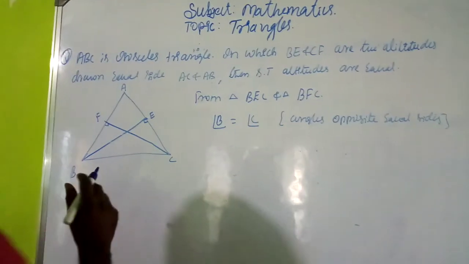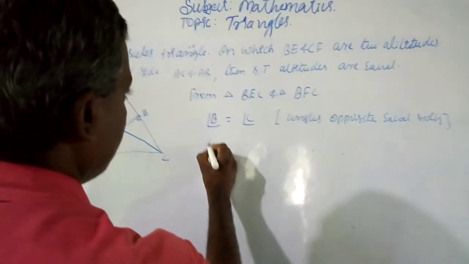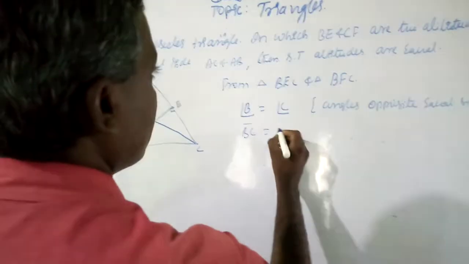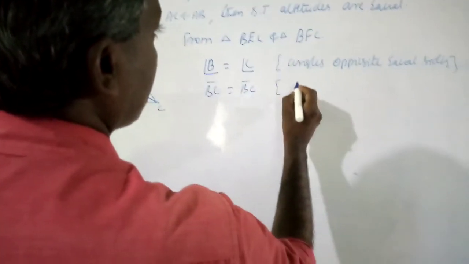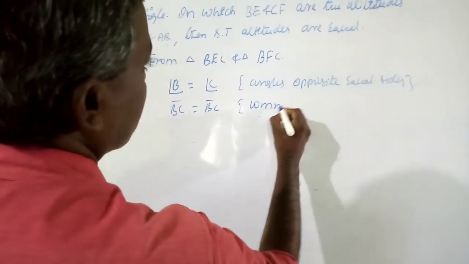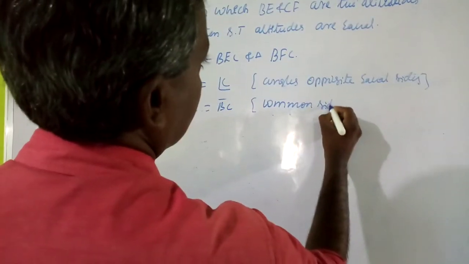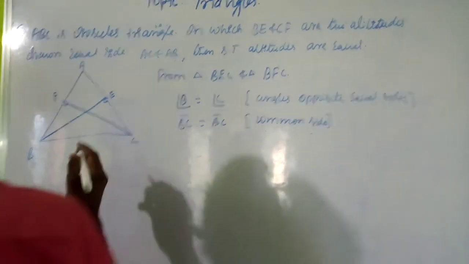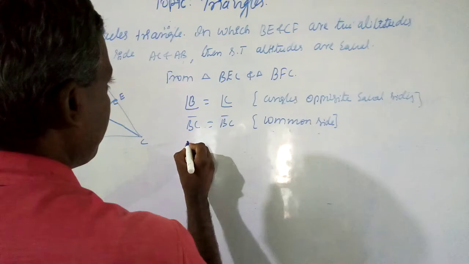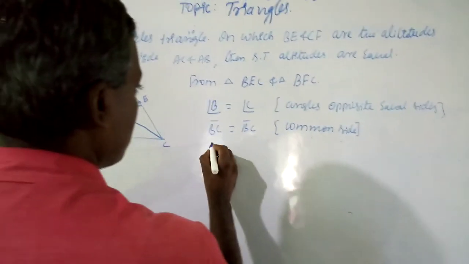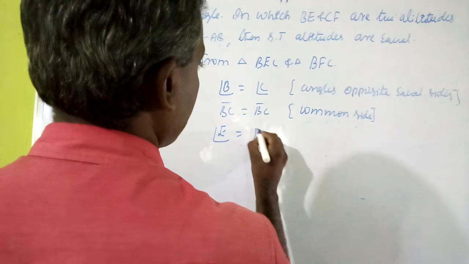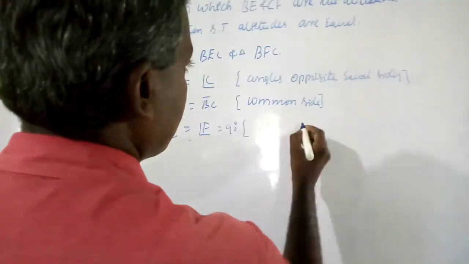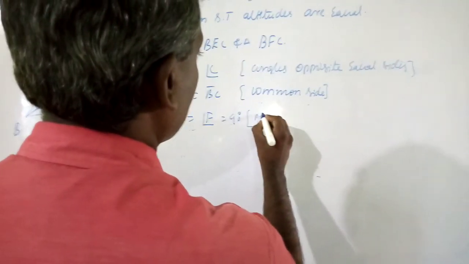So next, side BC from BEC as well as BFC. So these two sides are equal. It means common side for both the triangles. Common side, right? So next, angle E is equal to angle F, correct? So that is equal to 90 degrees. All right angles are equal.